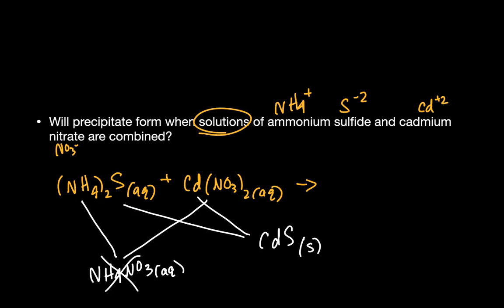You will be able to write a full equation for that. So you get NH4NO3 (aq) plus CdS (s). And this is why state is important, because in this way you are indicating that a precipitate forms.